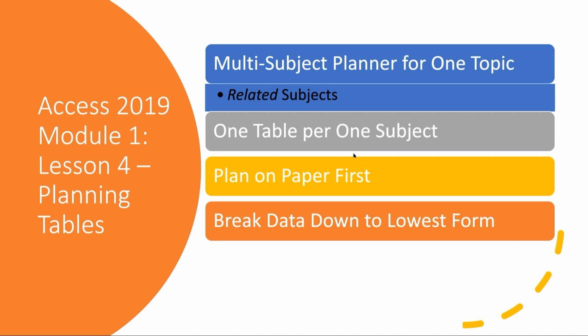Typically, you'd want to plan your tables on paper first, conferring with colleagues, making sure what you're calling the table, what you're going to name it, and what you're going to name the fields in the table. It's important to make sure that they're understandable to the end users. And then you also are going to want to break down your data to the lowest form.